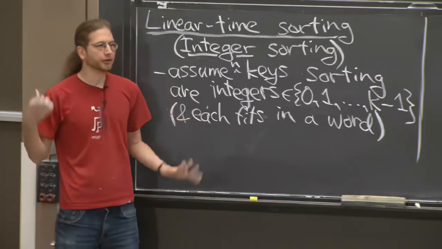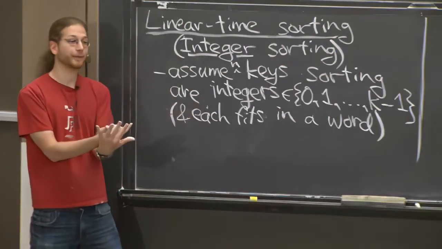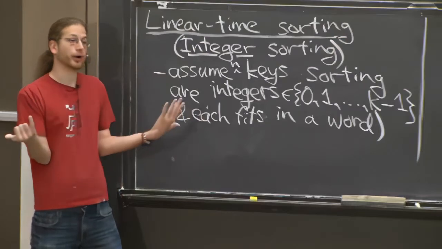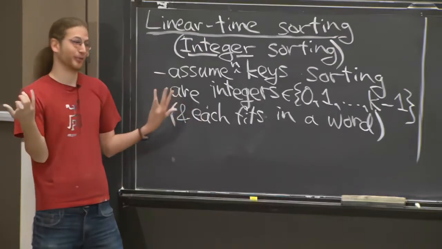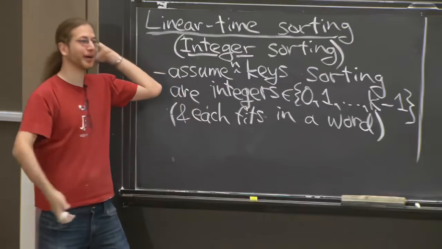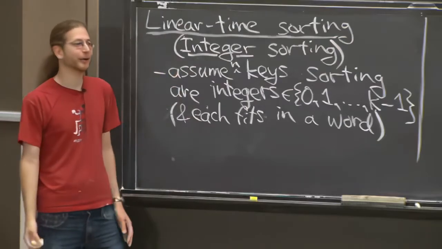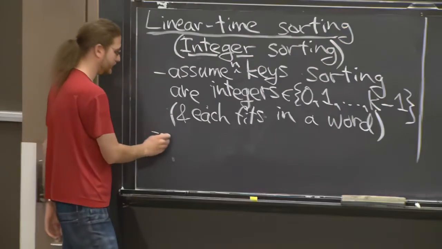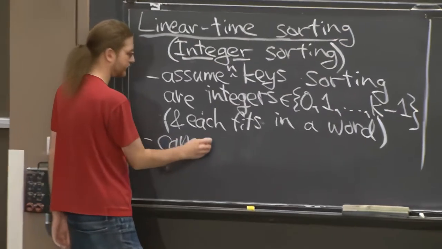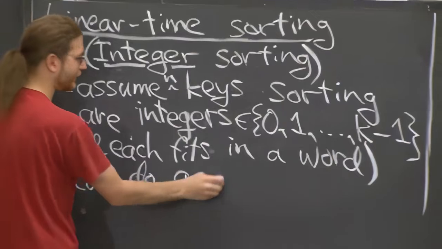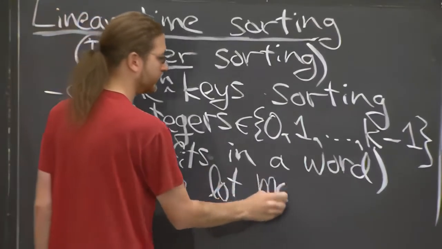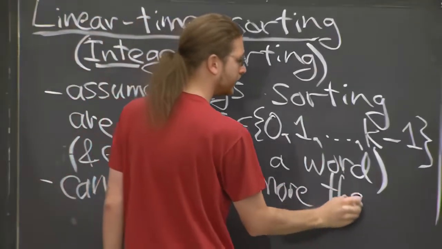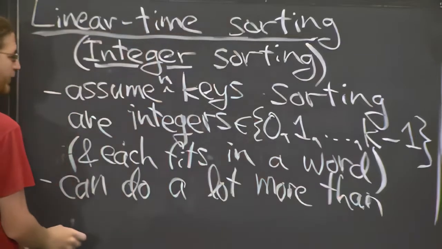So we've got a bunch of integers. Each one fits in a word. I could compare them. That takes constant time. Or I could add them, or subtract them, or multiply them, or divide them, or do whatever the heck I want. Okay, it turns out you can do a lot more than comparisons. And it turns out this will help us.